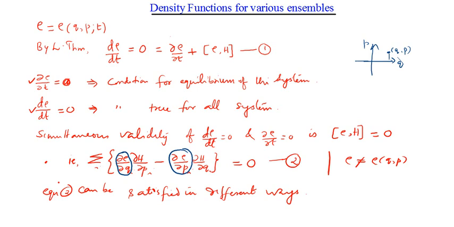The density function does not show any variation, or all the representative points are distributed uniformly over the accessible region of the phase space. Then we can say rho is independent of q and p. So if rho is independent of q and p, we can say that the Poisson bracket of rho with h will be equal to 0.